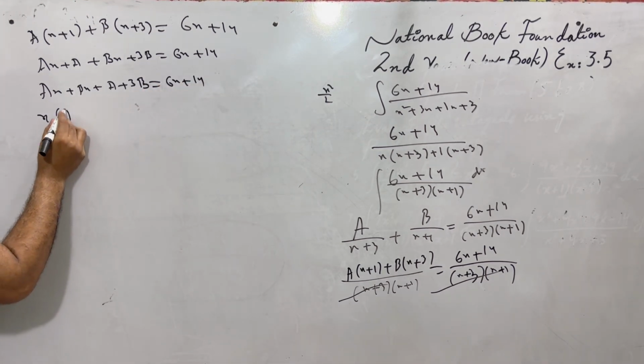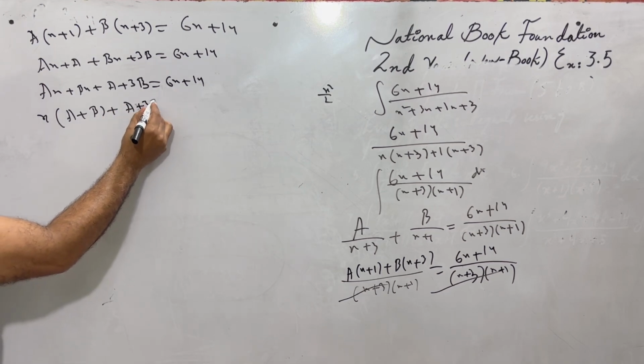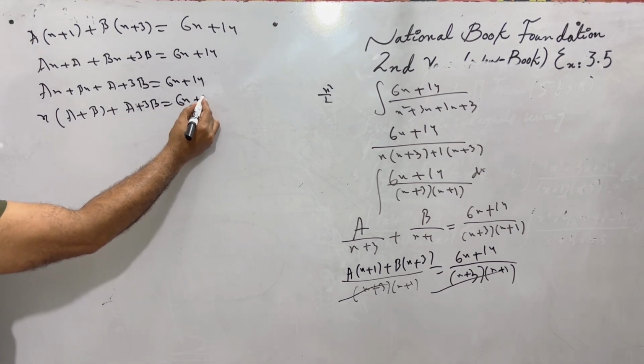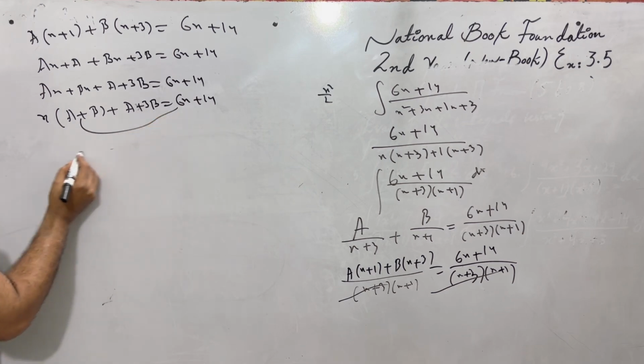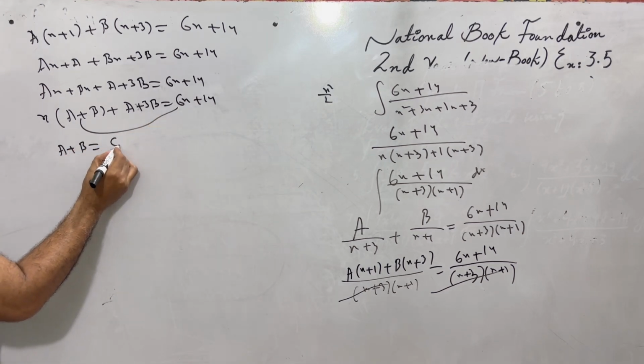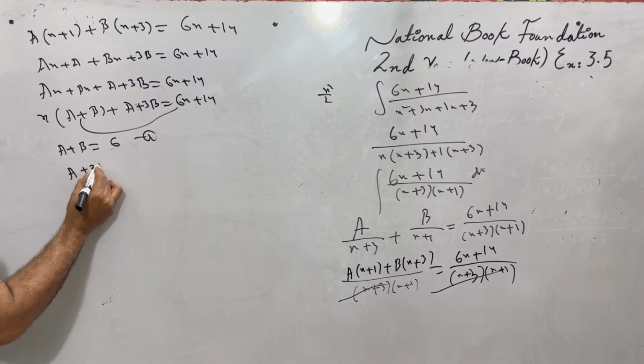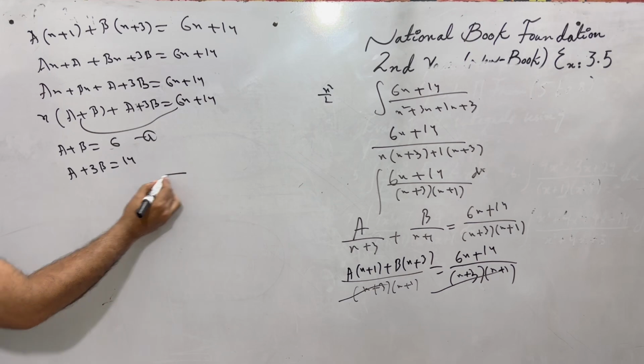Taking x common, it becomes A plus B, A plus 3B, equal to 6x plus 14. Comparing the like parts, A plus B is equal to 6, equation 1, and the second one is A plus 3B is equal to 14.